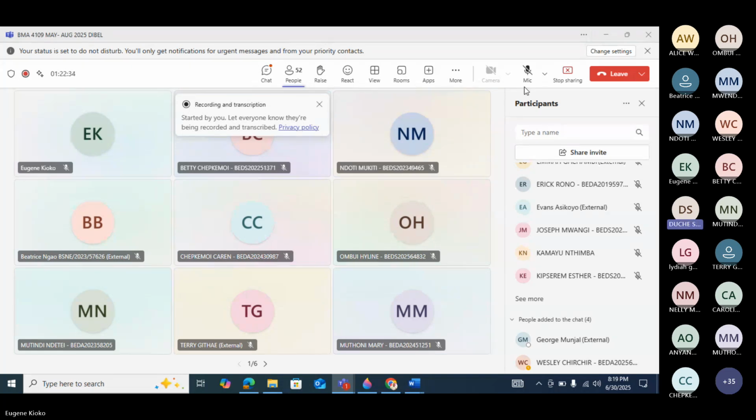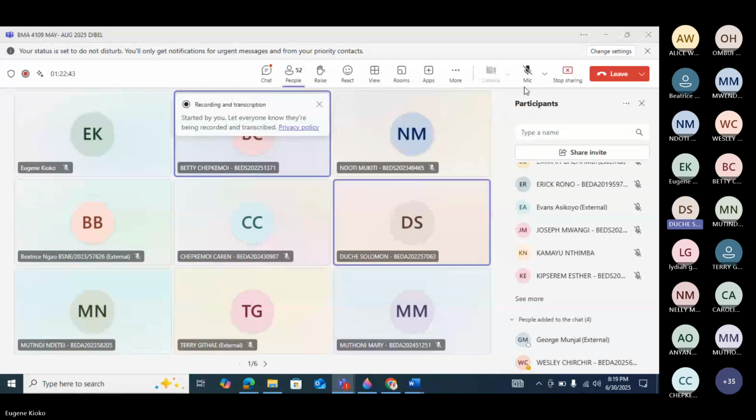Madam, hiyo paper ni gani sasa? Ile tulipewa tukiwa huko chuo. Oh. Tutume kwa WhatsApp. Weka kwa WhatsApp group tafadhali.